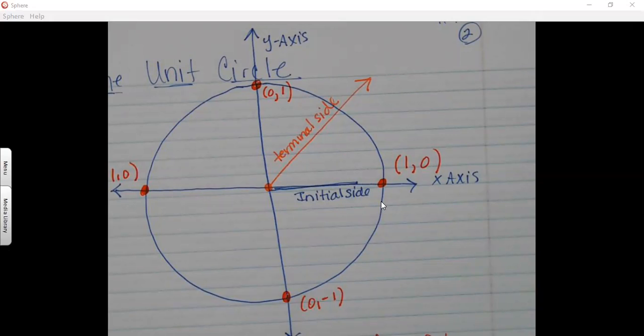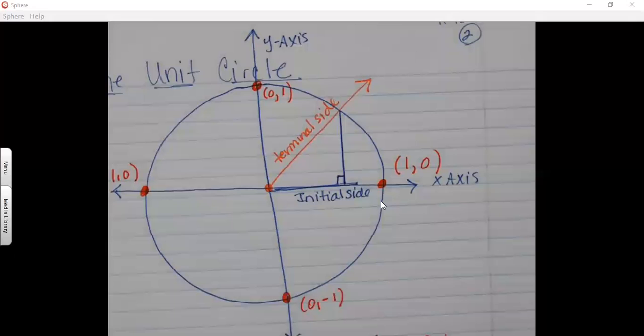You never draw it to the y-axis. It's always drawn to the x-axis. And when we create that right angle, we'll be able to find the ordered pair of where the terminal side intersected the unit circle. That's going to be x comma y always, right?